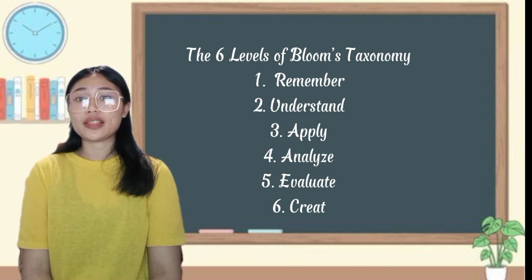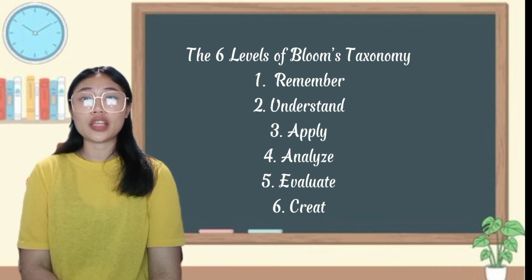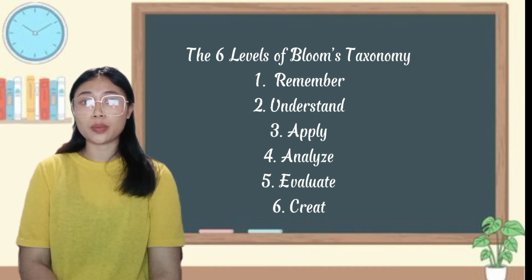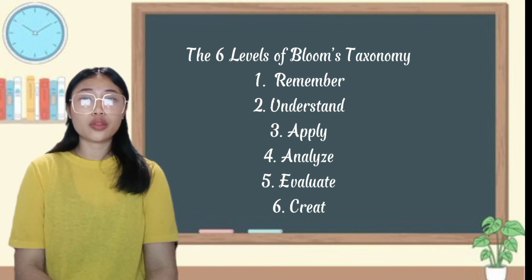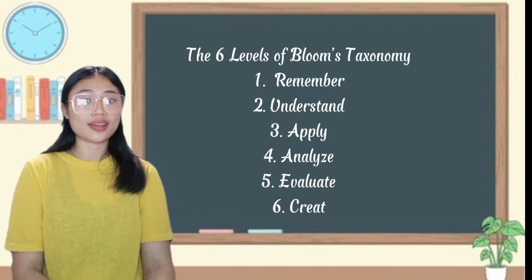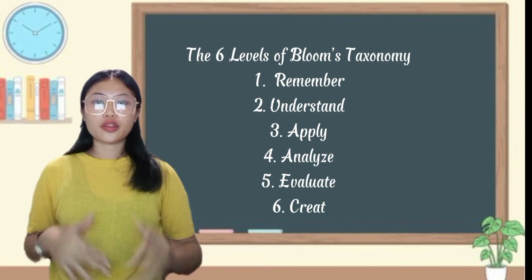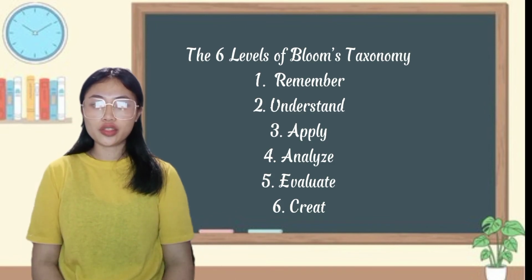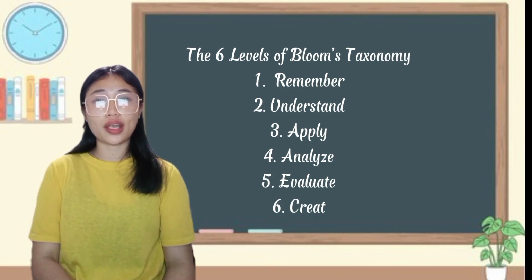Examples of activities at the application level are using a formula to solve a problem, selecting a design to meet a purpose, and reconstructing the passage of a new law through a given government or system. The fourth level is to analyze or draw connections among ideas.